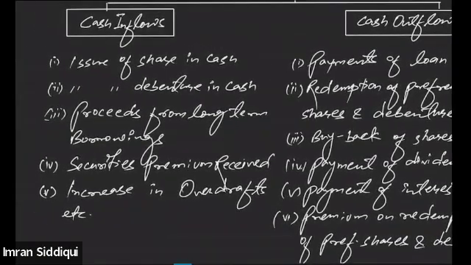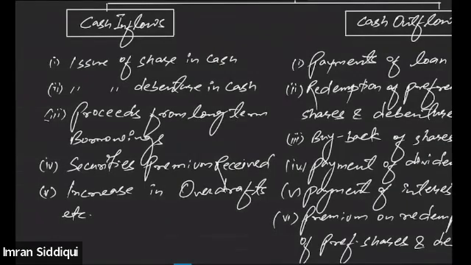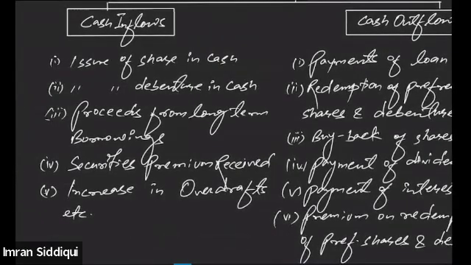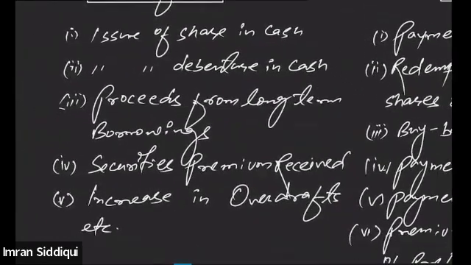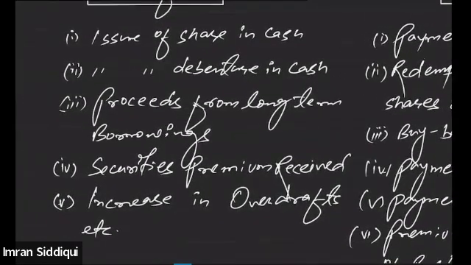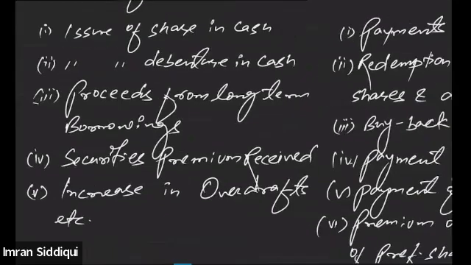Items that lead to cash inflow include issue of shares in cash, issue of debenture in cash, received from long-term borrowing, security premium received on issue of preference shares or equity, and increase in the overall overdraft.